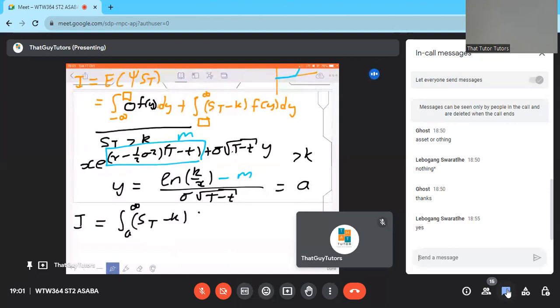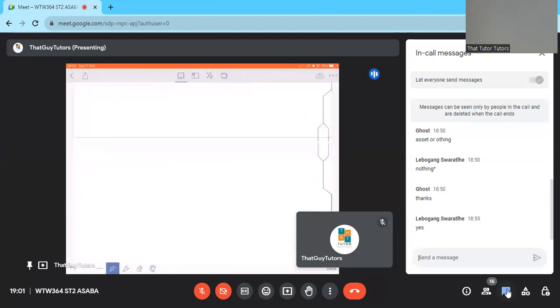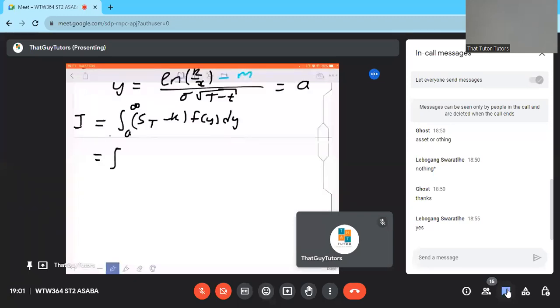From here on, what you need to do is separate them. So you have the integral from A to infinity of S_T f of y, minus the integral from A to infinity of K f of y dy. As you can see, this is your share or nothing, or asset or nothing, and this is your cash or nothing.